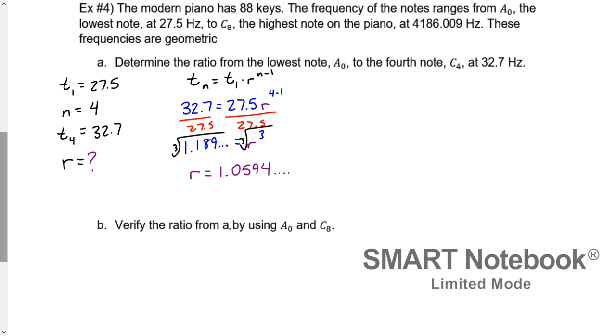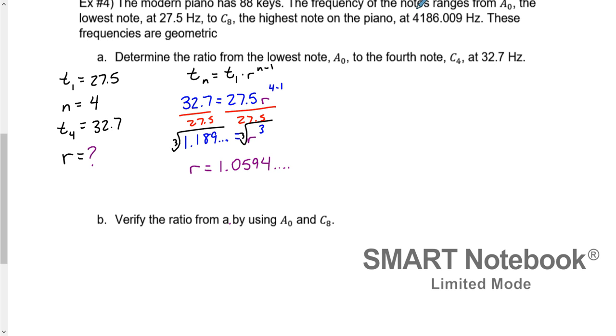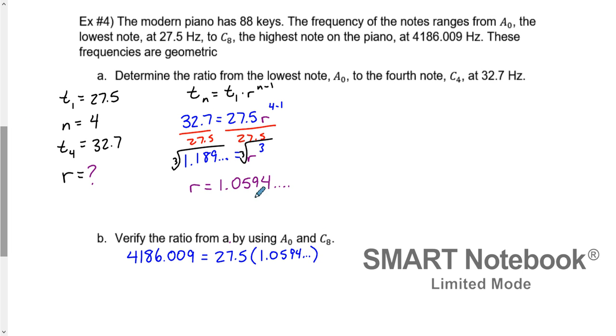So since C8 has a frequency of this, .009, we're going to confirm that term 1, which has a frequency of 27.5, with our ratio of 1.0594, and so on, to the power of, well, how many times are we looking for?